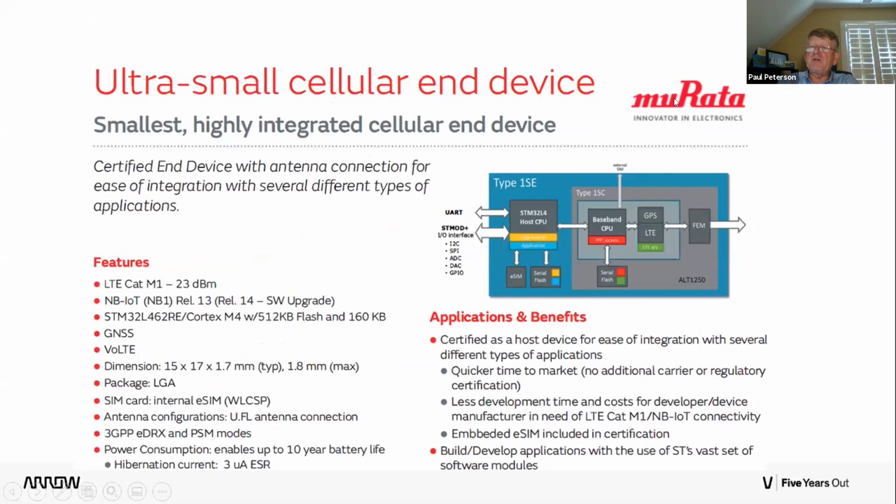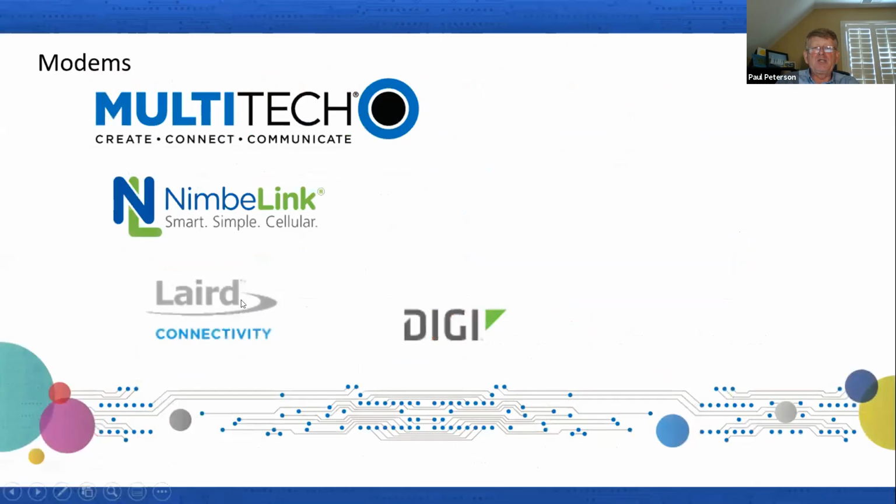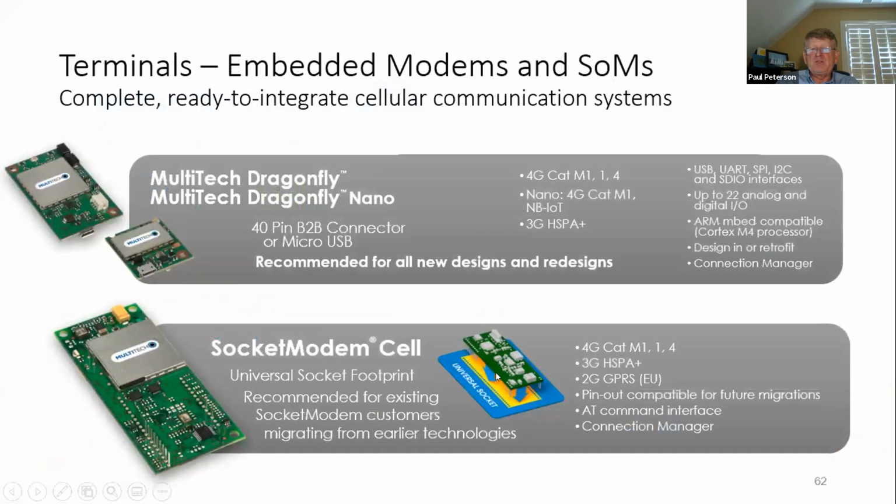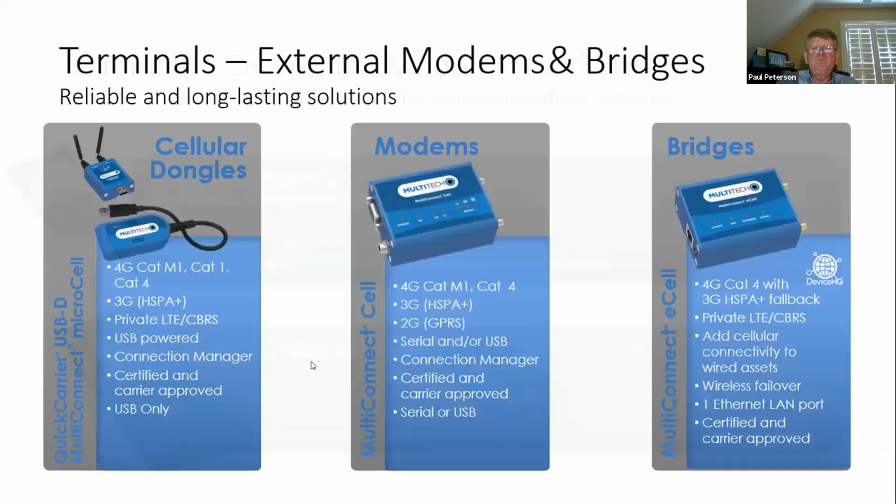We see other carriers, Murata, more commonly known for capacitors. They're also a big player in the module space, and they too are coming out with cellular, in this case, Cat M1 and NB-IoT based modules. So again, a large number, and again, modems based off of those chipsets. For example, Multitech.